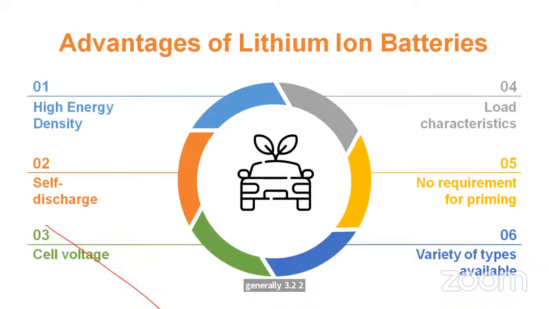So 16 watt hour is the energy of that cell. How? 5 into 3.2 equals 16. So that much watt hour is there in that cell. Now, if I divide 16 by 1000, that gives me the energy density, which is 0.016 watt hour per kg. Clear, everyone?